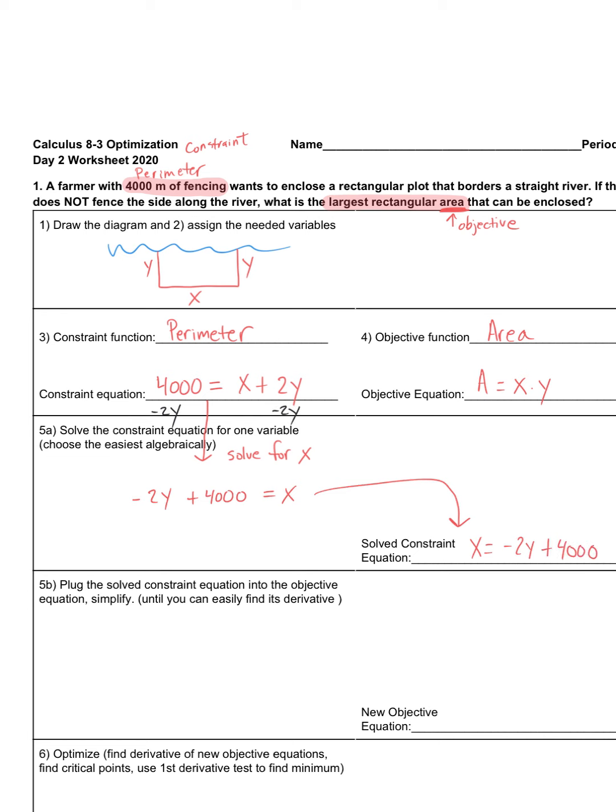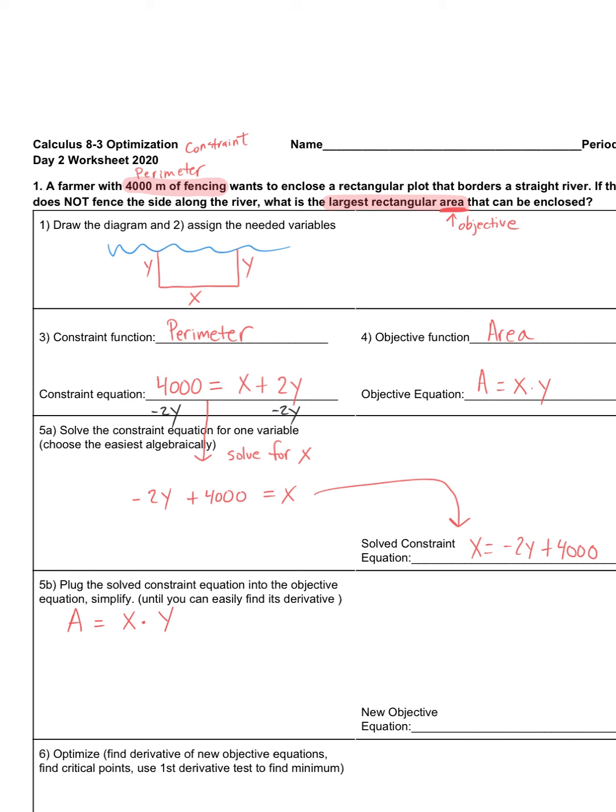So that's our first step with optimization. You take your constraint and you solve it for one variable, pick the easiest. Now we're going to plug that into our objective equation. So I'm going to go down here to step 5 and write my objective equation, X times Y, but I'm going to plug in my constraint.